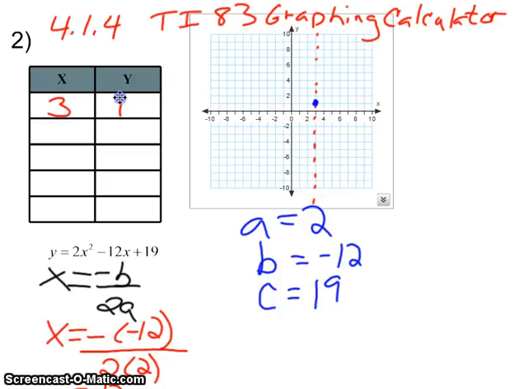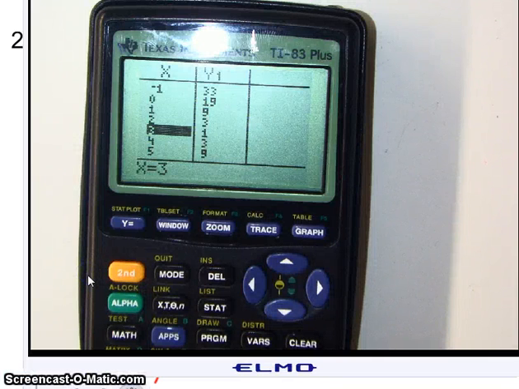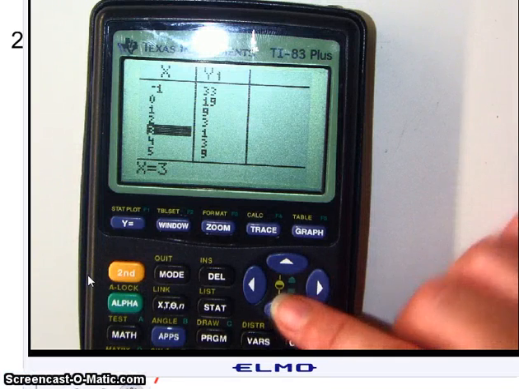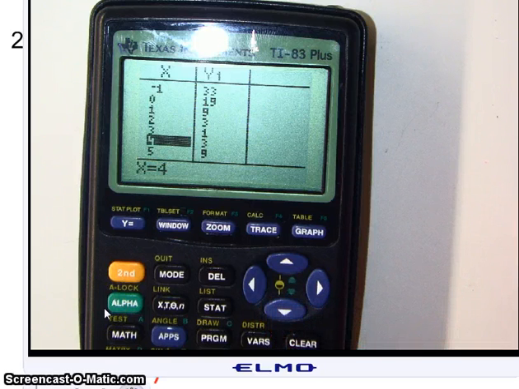All right, I'm going to go back to the calculator. I need a point close to the vertex. 4, nice. 4, what's the y value? 3. So we're going to plot that point, 4, 3.